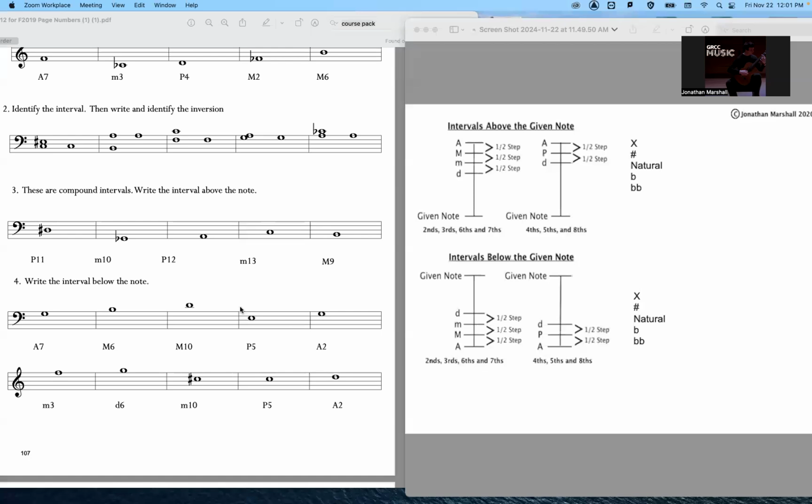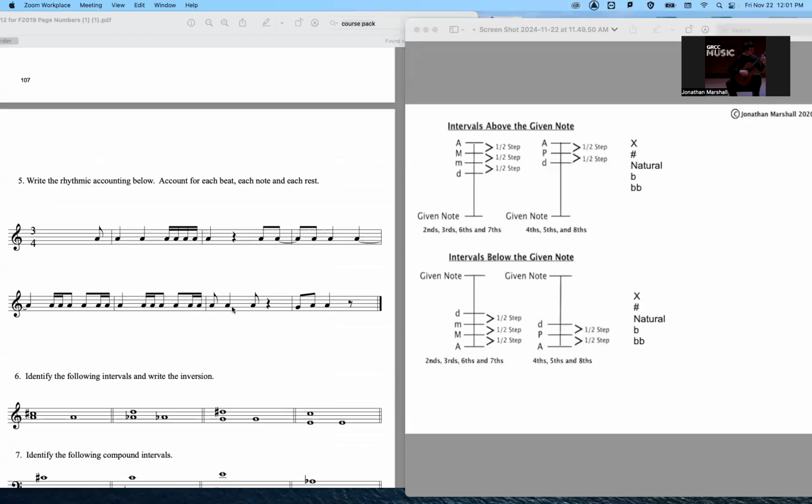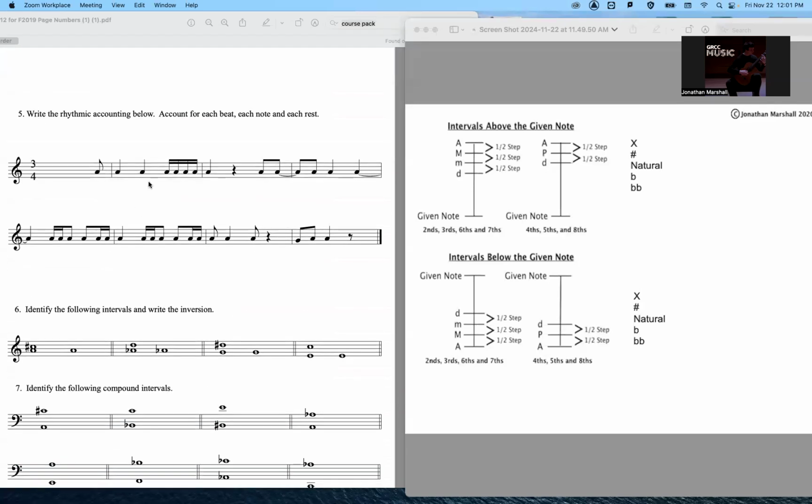And let's go further down the page here. Here you have rhythms. I did this on the board once again, and many of you remember this. Some of you don't because you weren't in class, but that's a you decision.